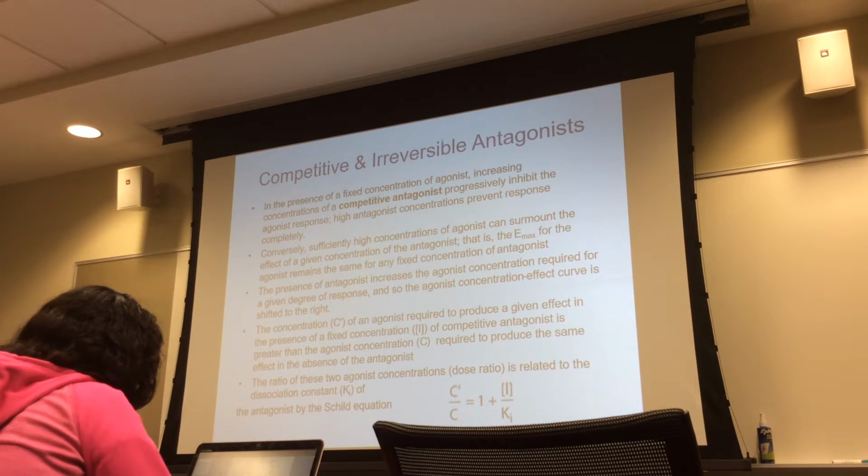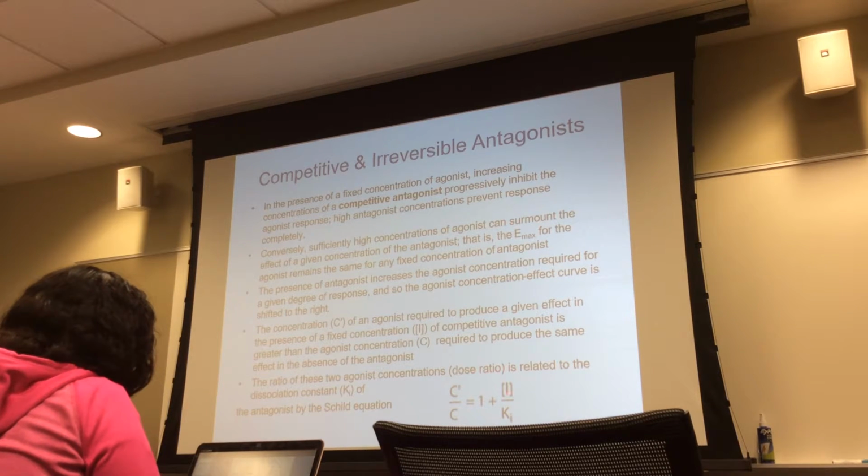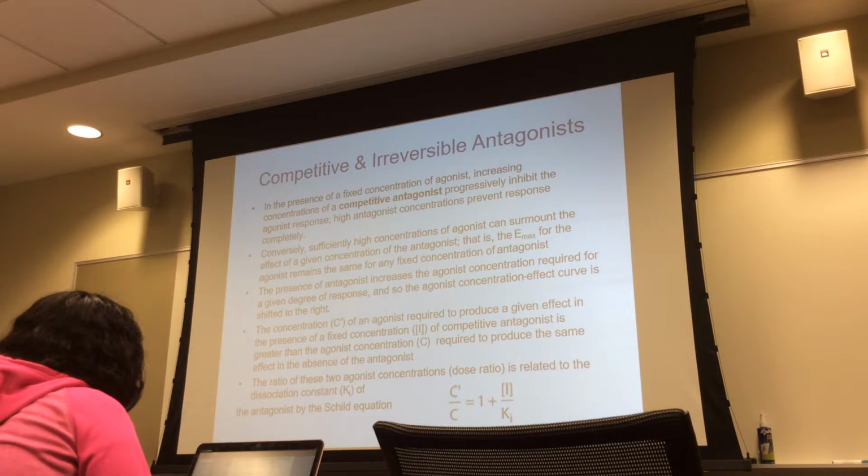So when you plot C dash divided by C, which is the concentration you need to achieve the same effect in the presence of I, the concentration of the competitive antagonist or competitive inhibitor, divided by the concentration in the absence of any competition, it equals 1 + I/Ki. Actually, I deleted the Schild equation plot because it's really complex and not worth a point, so I removed that slide.